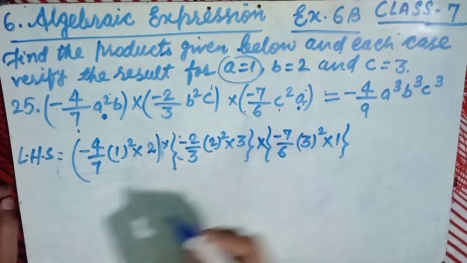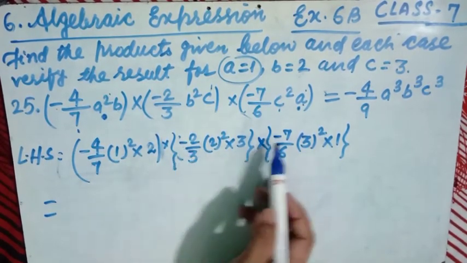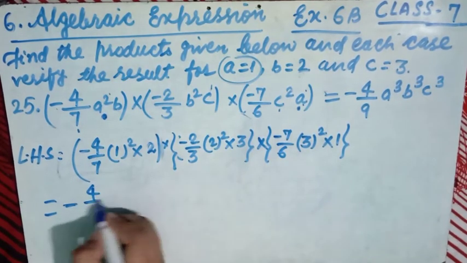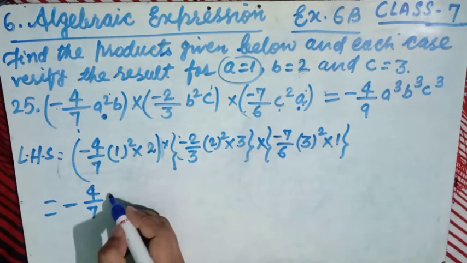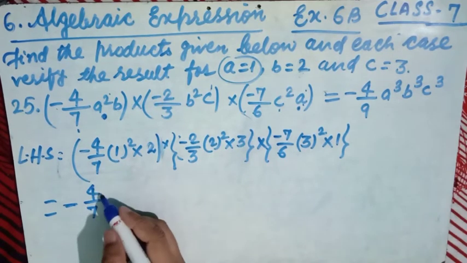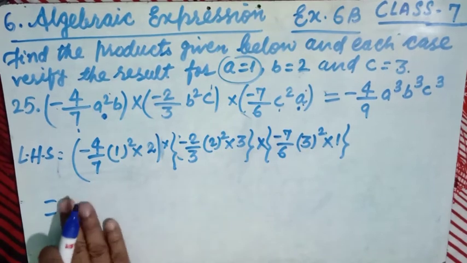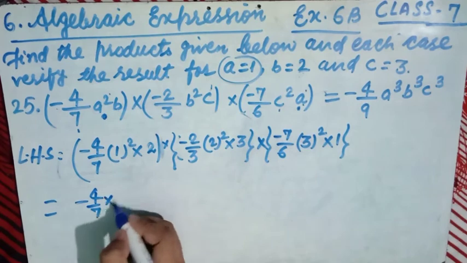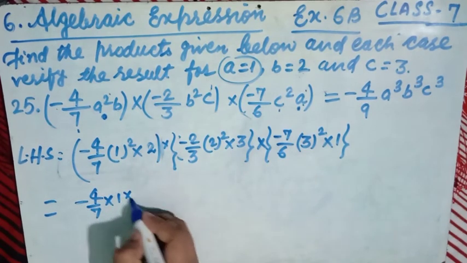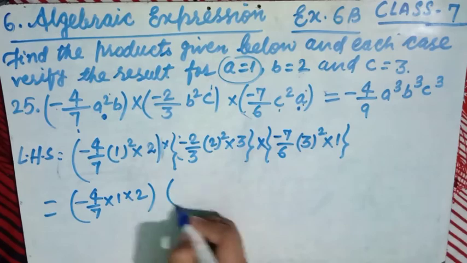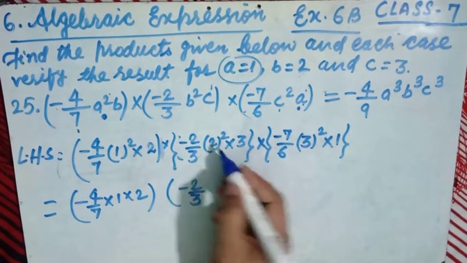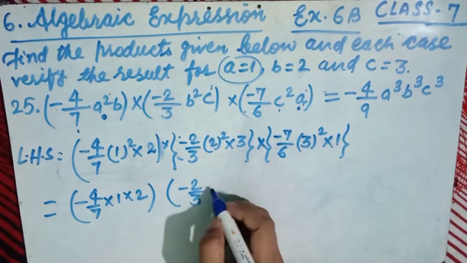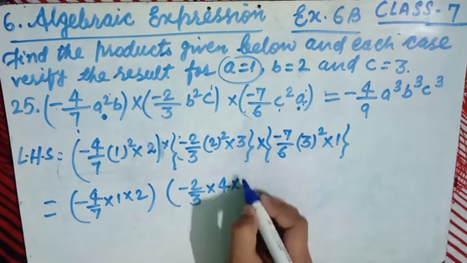First of all, solve this left hand side. Minus 3 times, minus means minus, the resulting value is minus. So minus 4 by 7. 1 squared is 1, and 2 is 2, so 1 times 2. Now minus 2 by 3 as it is. 2 squared means 2 times 2, which is 4, multiplied by 3 as it is.